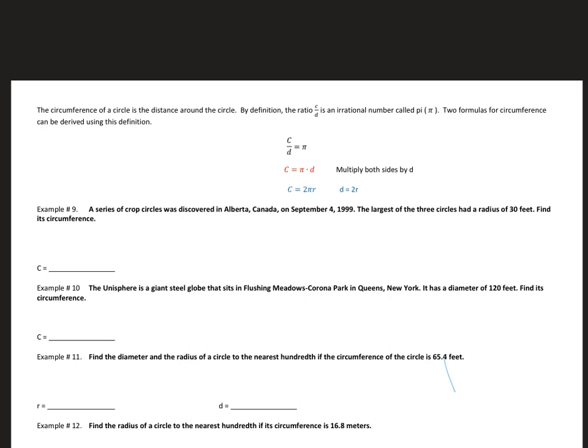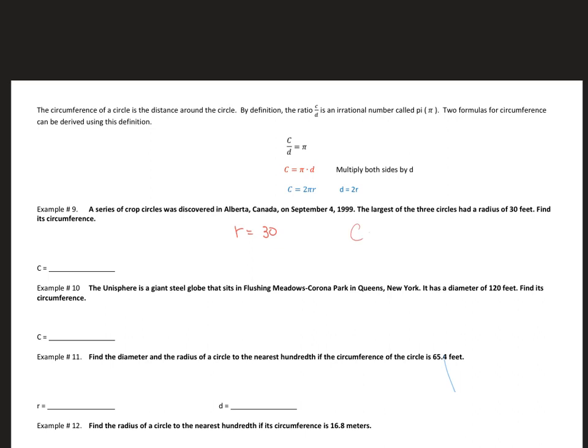A series of crop circles was discovered in Alberta, Canada on September 4th, 1999. The largest of the 3 circles had a radius of 30 feet. Find the circumference. So if the radius is equal to 30, I'm going to use the circumference formula involving the radius.